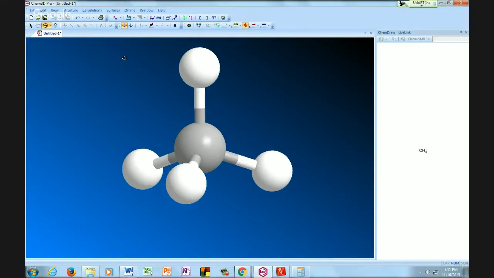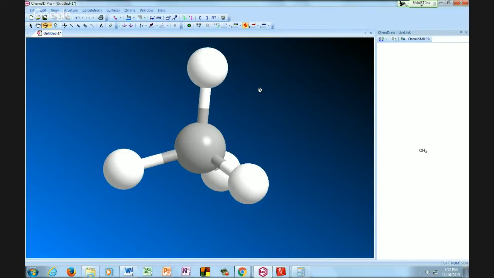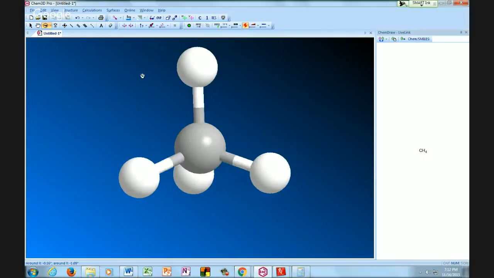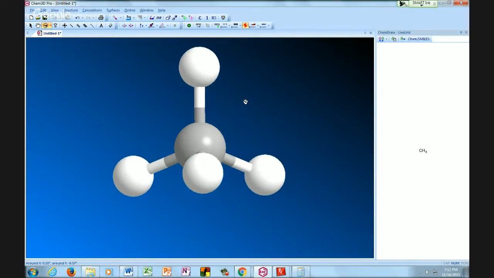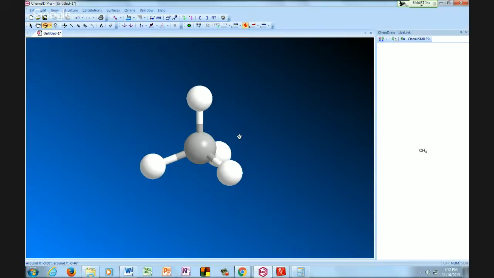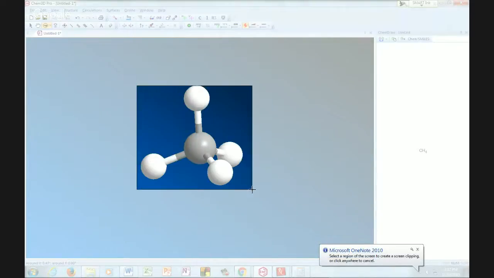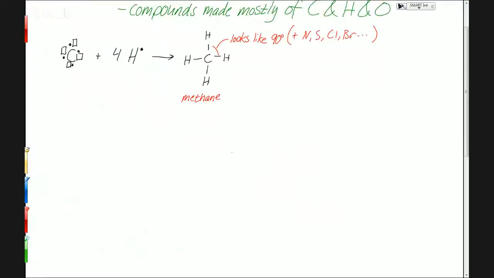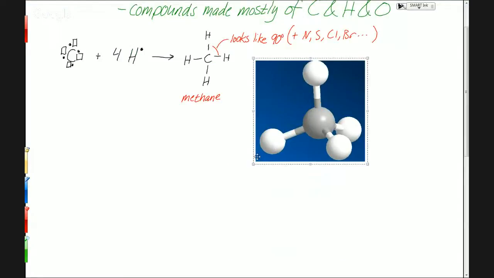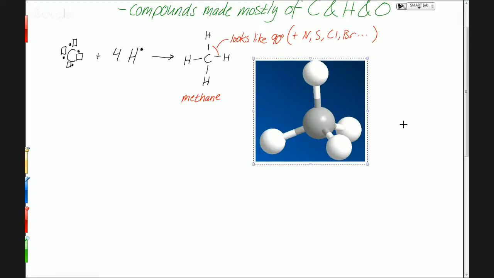And the name of this structure is a tetrahedron. So I'm going to freeze this thing and kind of pull it back around if I can. I'm going to make it a little smaller so it fits in our notes. So there's our methane molecule.